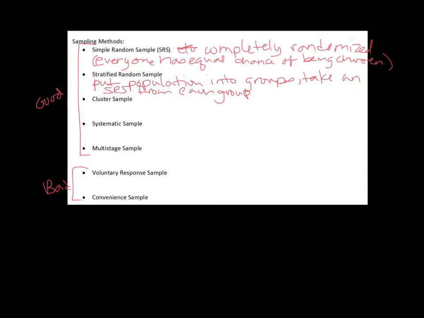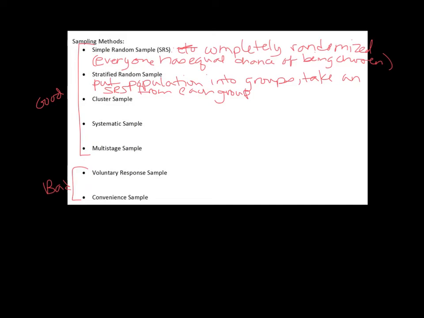A stratified random sample would occur if they took each grade, 9 through 12, and they selected a random sample of 25 students from each grade. That would give us a stratified random sample. It actually might be even better than a simple random sample because you would have equal representation of all grades.